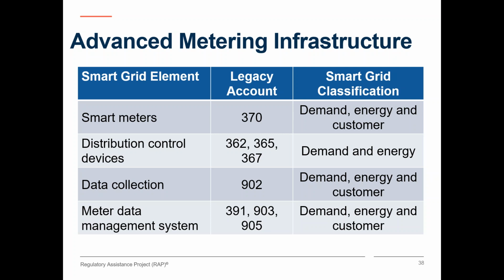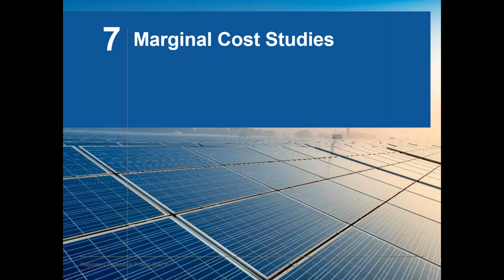That was account 902 and typically treated as customer related. But today, we're collecting interval data by time period, peak load data, information to support demand response, and data to help us reduce line losses. These have demand and energy elements to them, and the cost of smart meters should be partially assigned to these purposes.